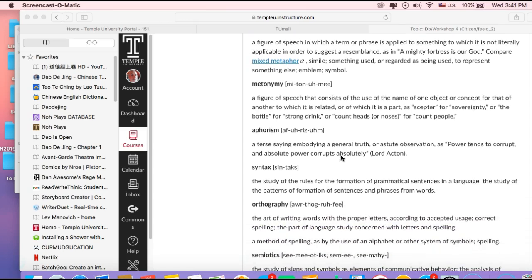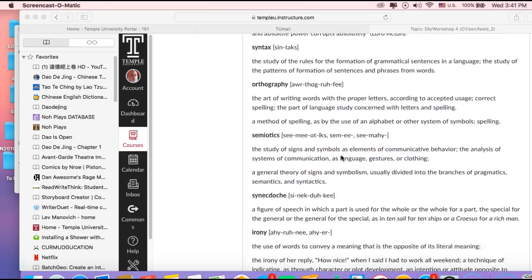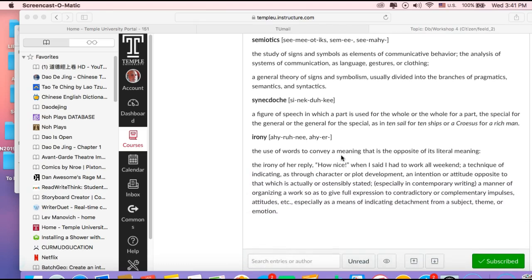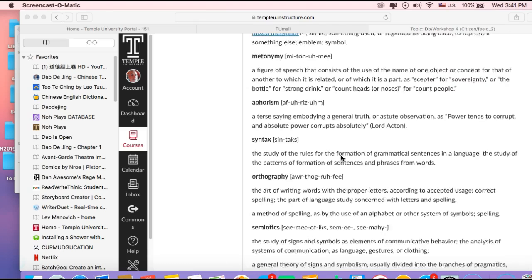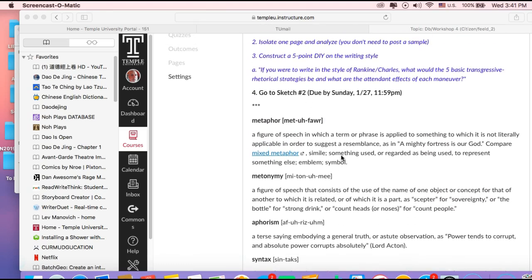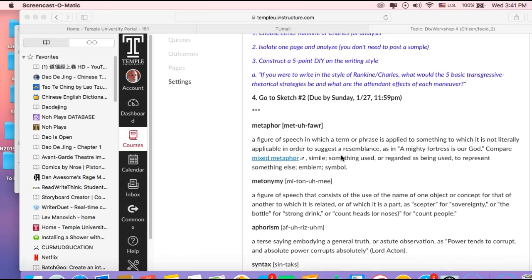Metaphor, metonymy, aphorism, syntax, orthography, semiotics, synecdoche, irony. Okay, so those are just some of the basic rhetorical figures or tropes that writers will use in order to create some type of distance from a standard, neutral, communicative form.